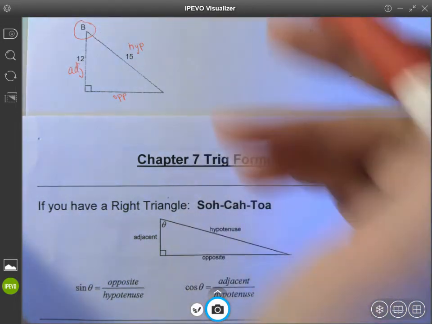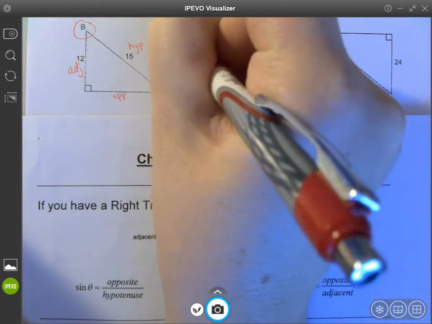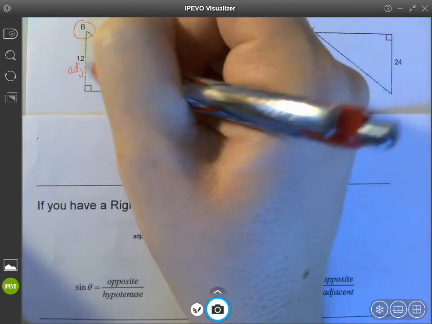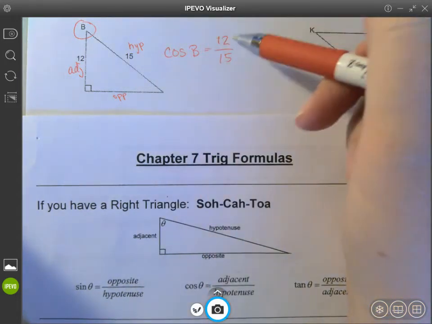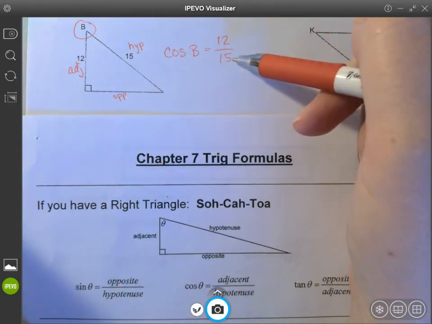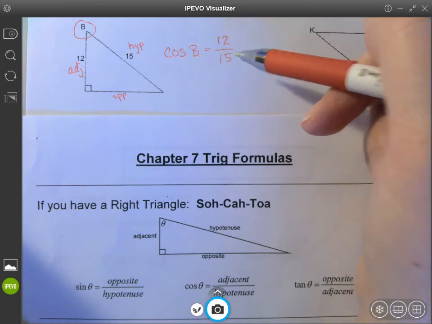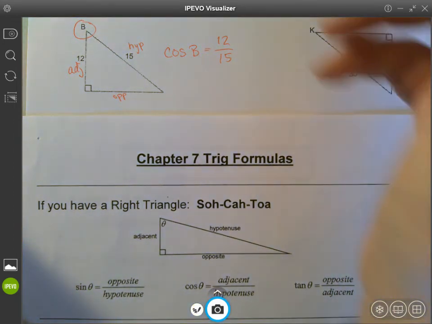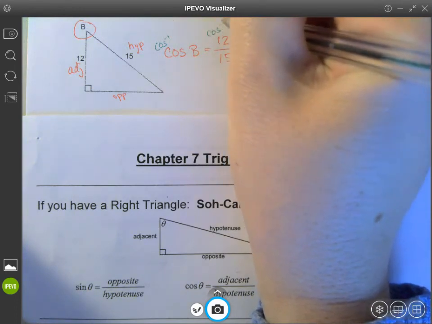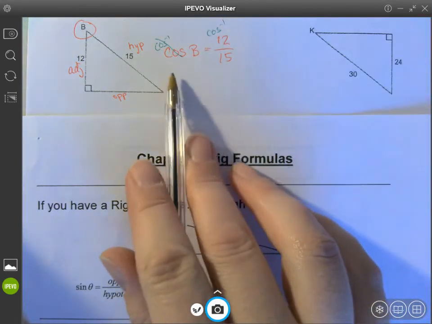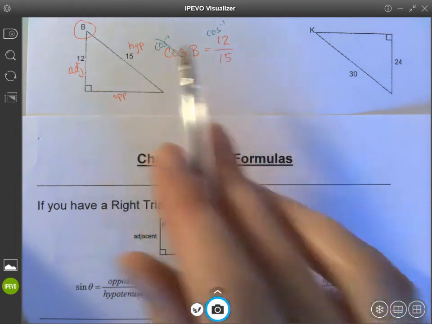But I can use, you guys said, cosine of B, and that equals the adjacent 12 over hypotenuse 15. And absolutely, this fraction reduces, but we're going to jump into our calculators and do what? I said I wasn't going to do one more, but we might as well. The inverse cosine. So anytime you're looking for a missing angle, we've got to break that trig function off with its inverse.